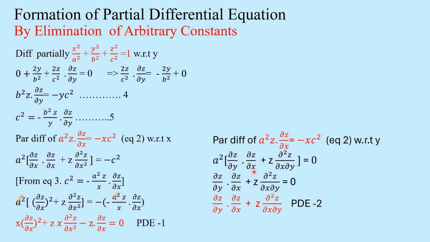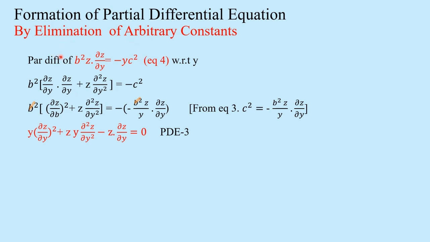Now plus, z we have to keep as such and differentiate this with respect to y, so we get dou square z by dou x dou y. Bring this a square here, so it will become 0. Now simplifying it, dou z by dou y into dou z by dou x plus z into dou square z by dou x dou y is equal to 0. This is again one of the partial differential equations. We'll call this the second partial differential equation which we got.